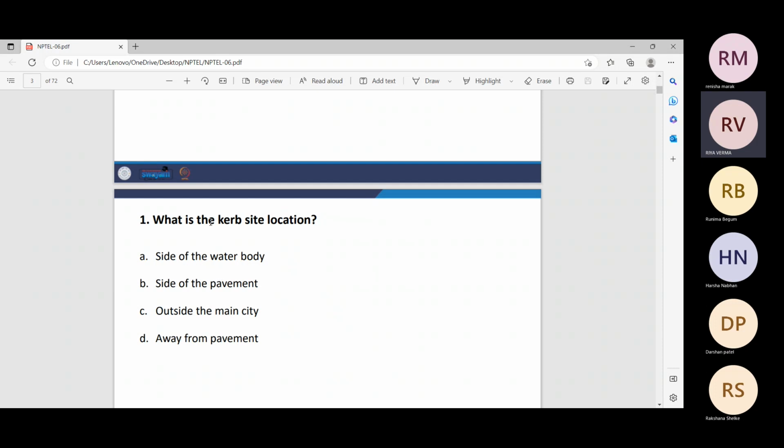Basically, I guess this question is from your case study, and those who have a civil or transportation background must be familiar with this term, curbside location. Anyone in the class who knows this term?